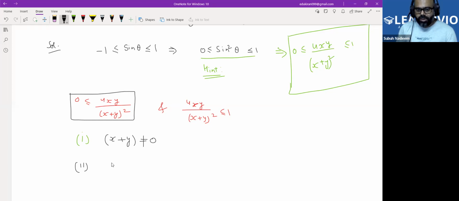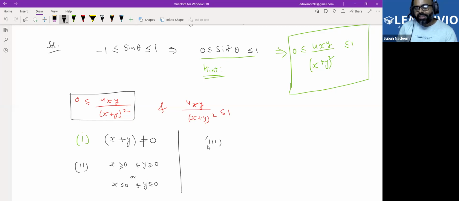That is possible if x is positive and y is also positive, or x is negative and y is also negative. If one is negative and one is positive, then it will become negative. So either both are positive or both are negative, and then only their product will be positive.